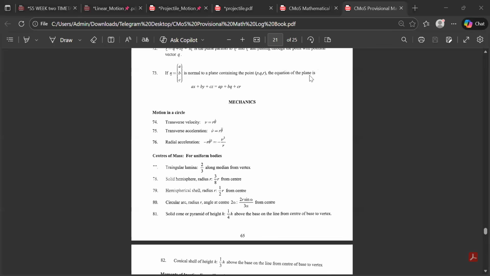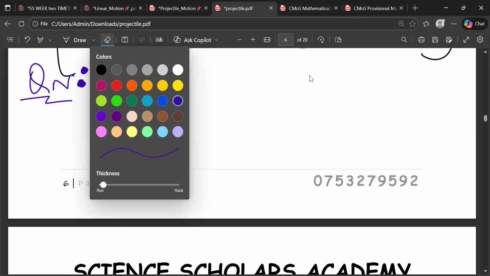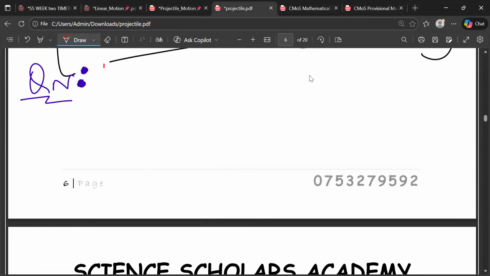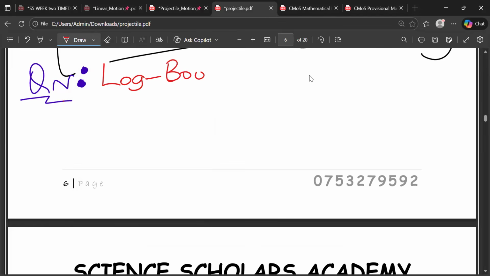I'm seeing equations of linear motion, equations of trajectory. I'm seeing horizontal motion, which is x equals u cos alpha t. That's where I want. A moment. What is it in the logbook, which page? Page 65, number 78.